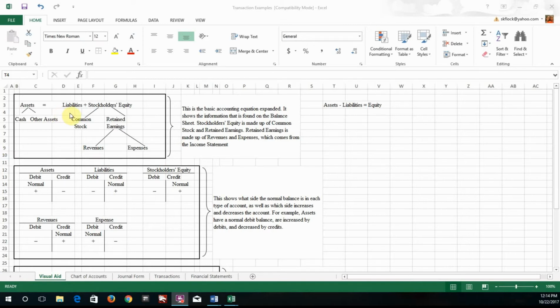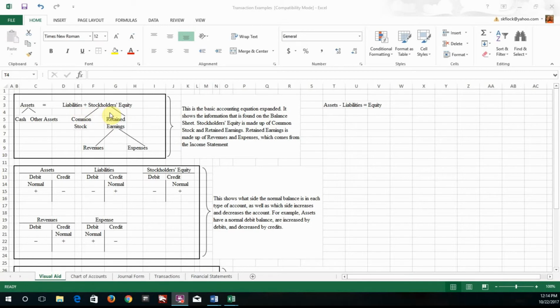It could be that you owe products and services to your customers. Those are liabilities. Those are claims against the assets. Someone has a claim against the assets of the company, whether those assets are cash or equipment or other items like that. Equity is the owner's claims to the business.